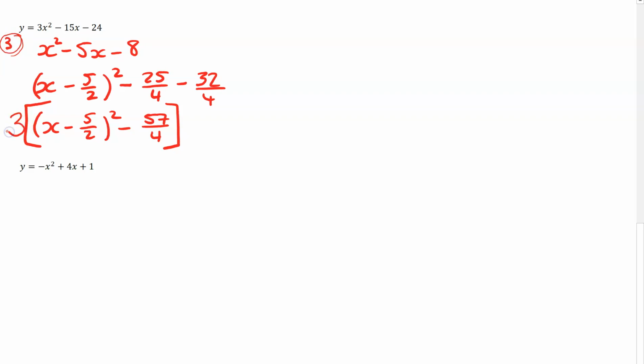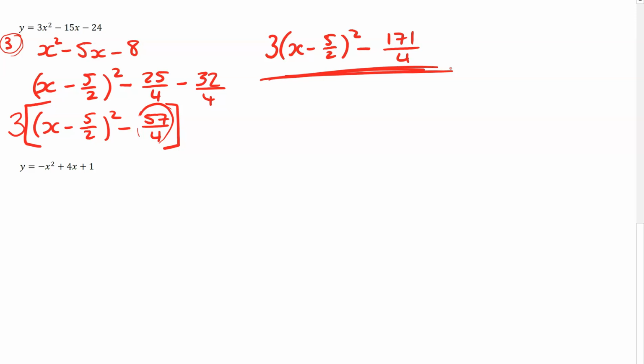Now that multiplies through the equation, so you actually get 3 lots of x minus 5/2 squared minus 3 lots of this. So 3 57s is 171. That's 171/4. That is your completed square form. If you didn't put that 3 back, that's not your full completed square form.